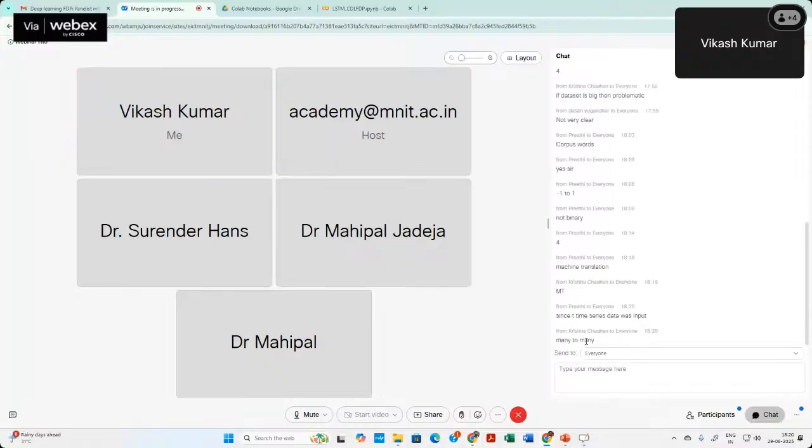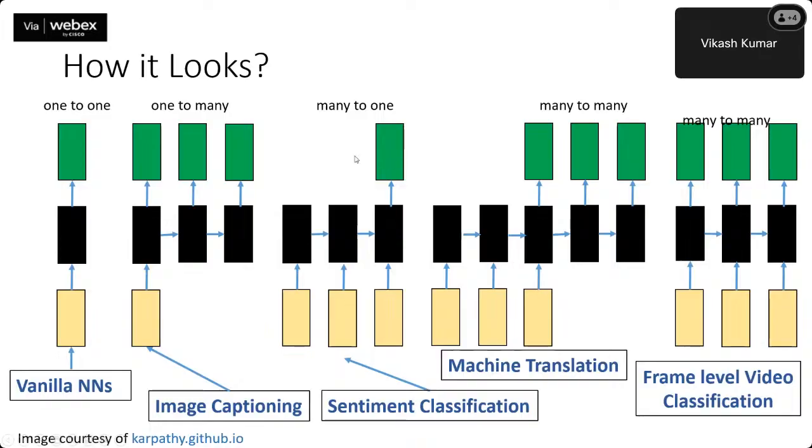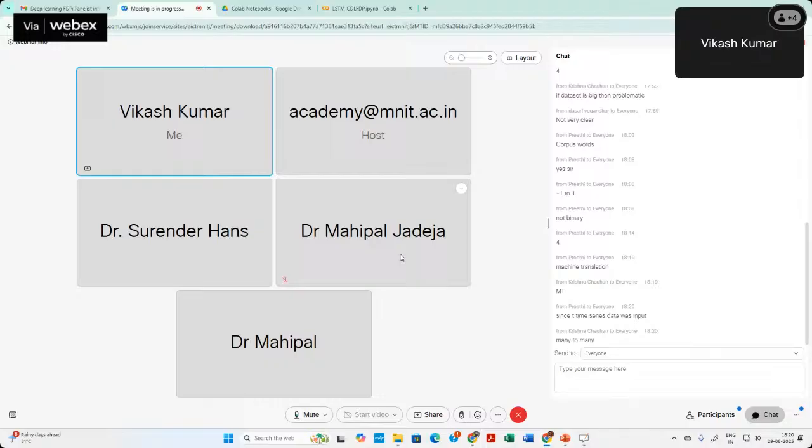Yes, very good. So basically it is a kind of many to many, but we can extend it to any of the examples that we have just seen here. Accordingly the architecture needs to be changed, but you can extend it to that.